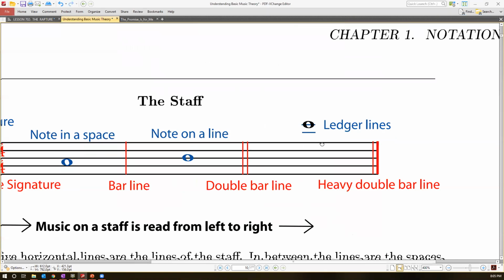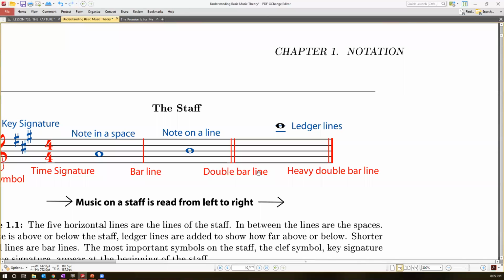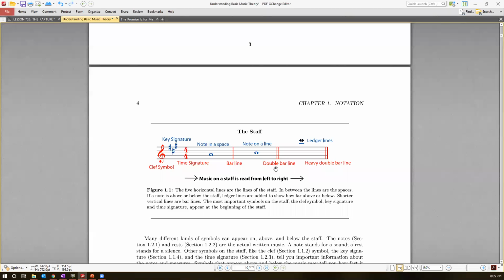It's just to separate large sections of a song. For example, they normally separate the verse of a song from the chorus with a bar line, and the end of a song is represented by a heavy or double bar line.